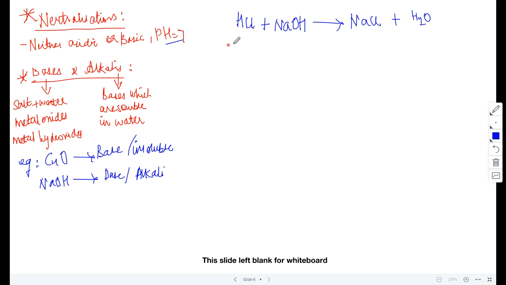Okay, clear with this? HCl plus NaOH giving me NaCl plus H2O. So I have reacted an acid with a base. If I split it down and write, it will be H+ plus Cl- plus Na+ plus OH- giving me Na+ plus Cl- plus H2O, since water is a liquid.